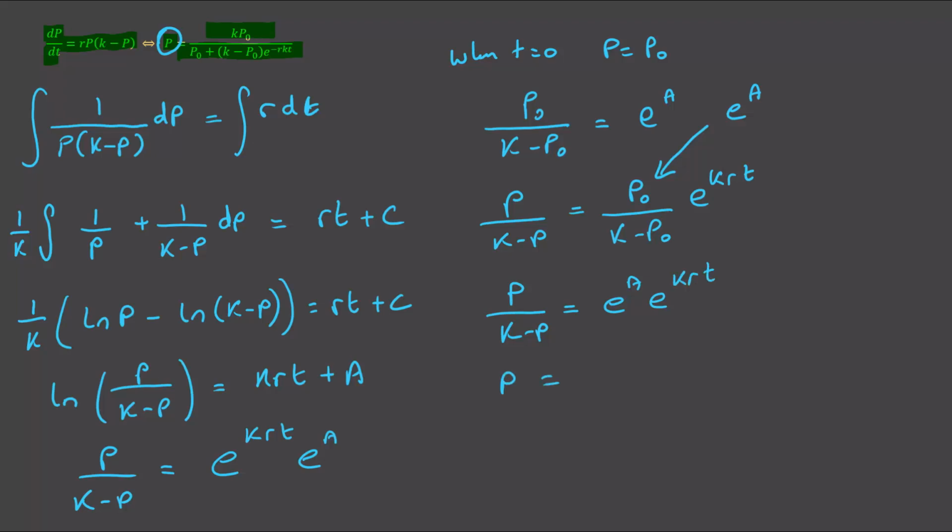And so p is going to be e to the a, e to the krt times (k − p), which gives us p is equal to k e to the a e to the krt, take away p e to the a e to the krt.